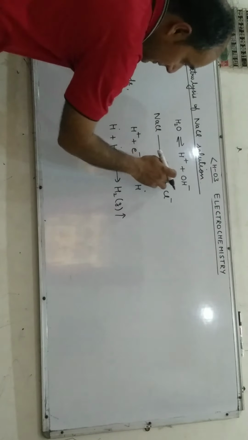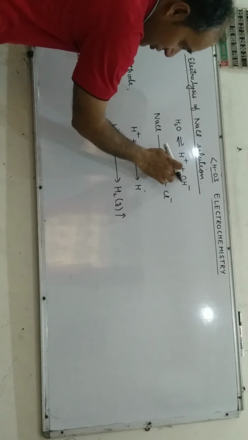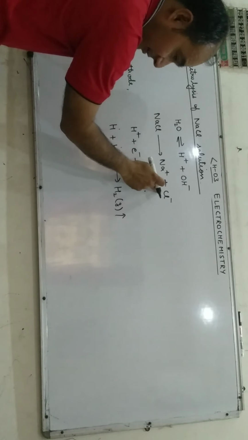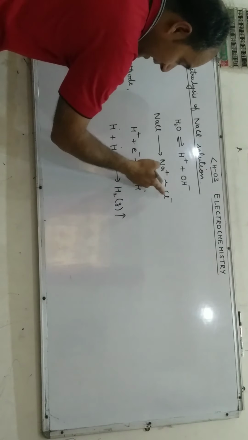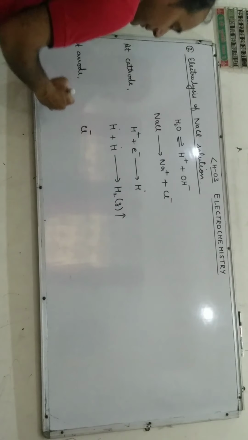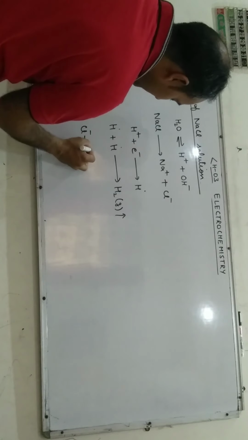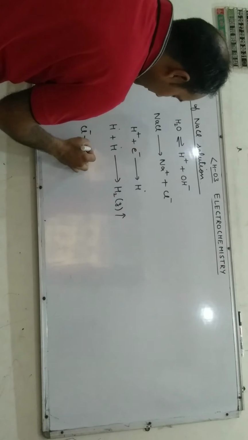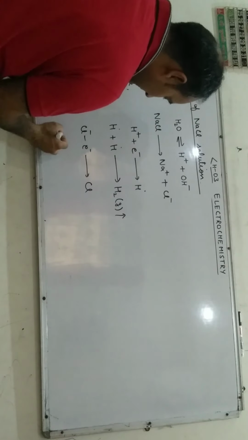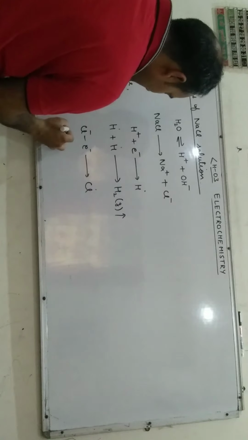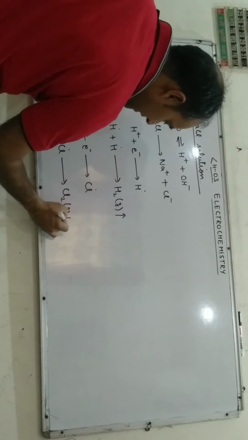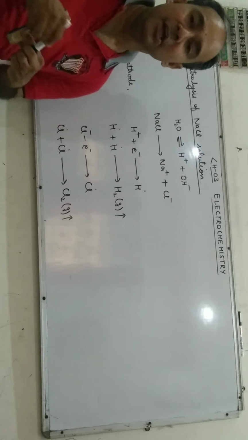At the anode, since the discharge potential of OH negative ion is more than Cl negative ion, Cl negative ion is preferred. Thus Cl negative on losing one electron gives Cl dot, and Cl dot plus Cl dot combine to give Cl2 gas, that is chlorine is liberated at the anode.